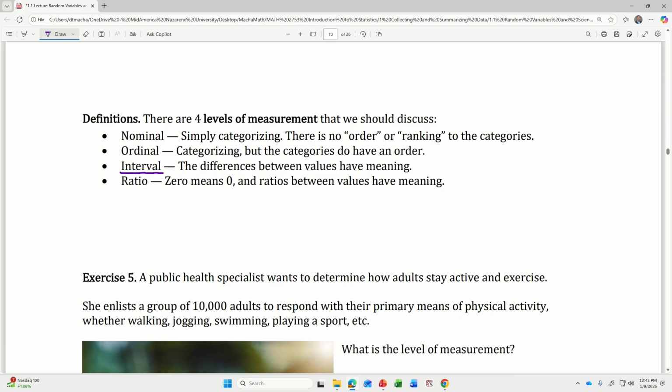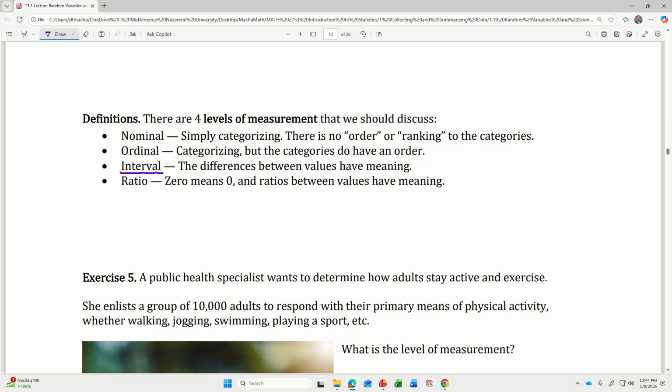At an interval level of measurement, the differences between values have meaning. So the difference between 30 degrees Fahrenheit and 40 degrees Fahrenheit feels about the same as the difference between 50 degrees Fahrenheit and 60 degrees Fahrenheit, right? We're both talking about a situation where we increase 10 degrees Fahrenheit and it seems like it's the same increase in temperature, right? It's noticeable, but not the end of the world.